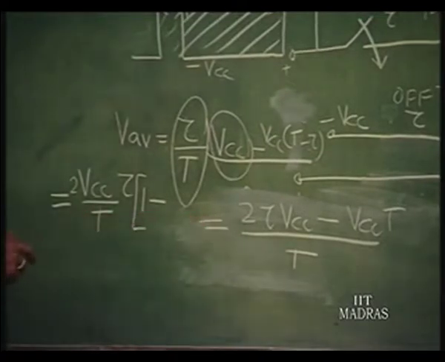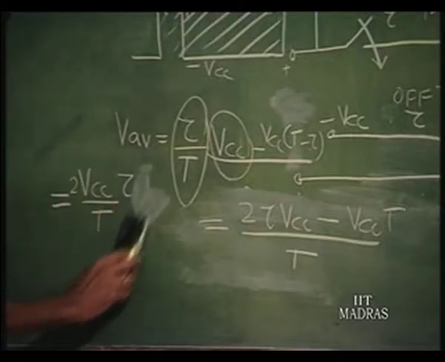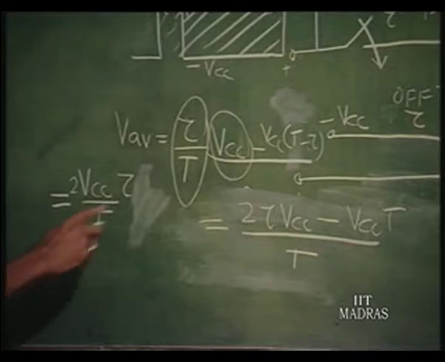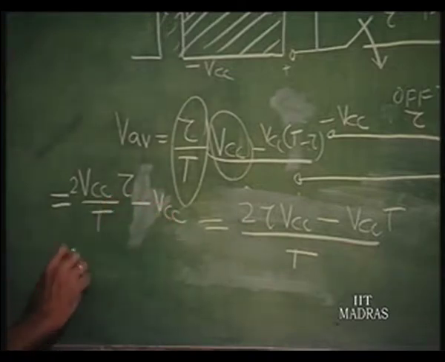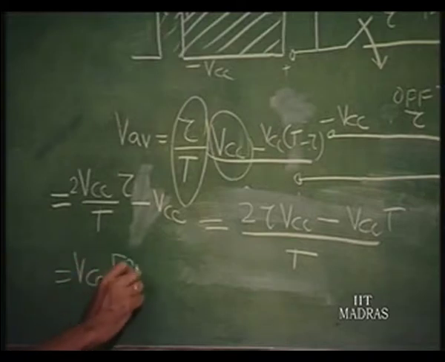Actually speaking, we will leave it at that: Vcc into 2 tau by T minus 1.